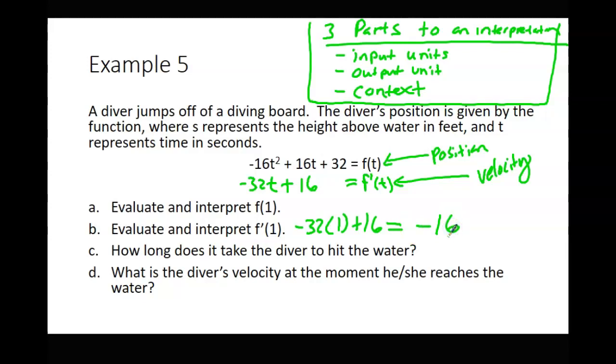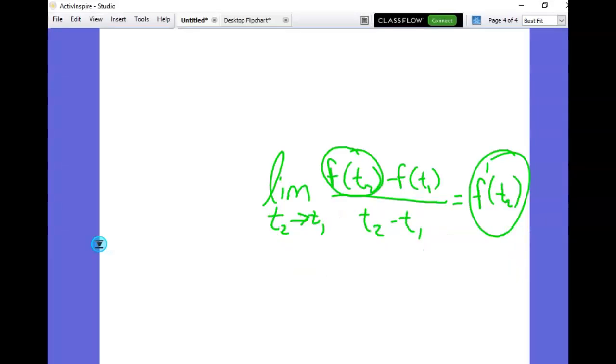Now, what are the units going to be? Well, we talked about this a little yesterday. The units for velocity are the units of f over the units of t. Even if it's just a derivative, it doesn't look like a fraction anymore, but remember that derivative came from a fraction.